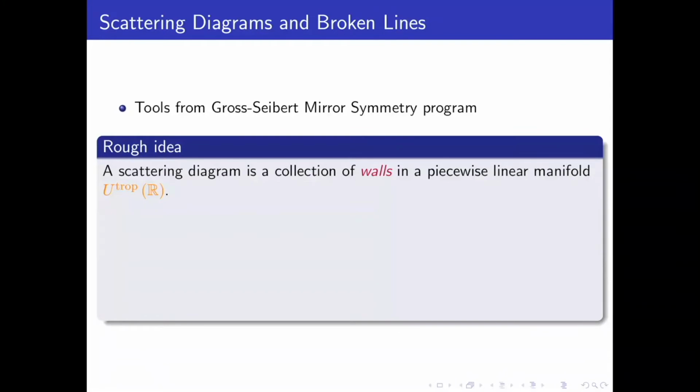Roughly, a scattering diagram is a collection of walls in a piecewise linear manifold, U^trop(R). In the toric case, you can just think of the cocharacter lattice tensor R. This is a piecewise linear manifold that encodes the logarithmic geometry of U.